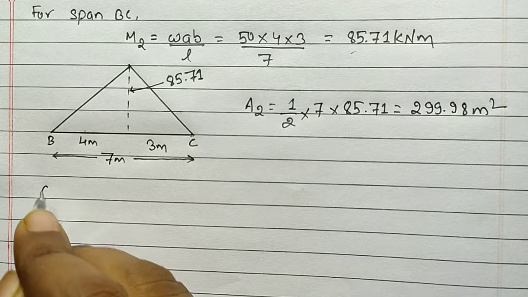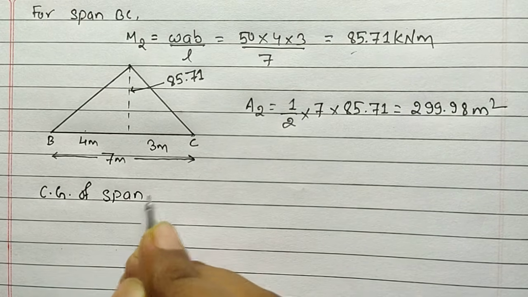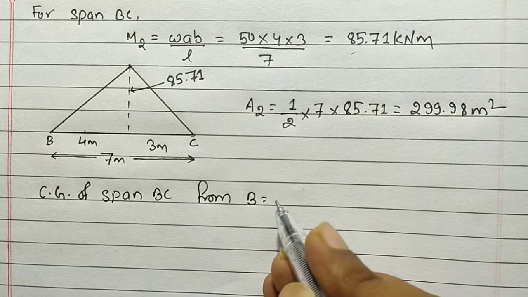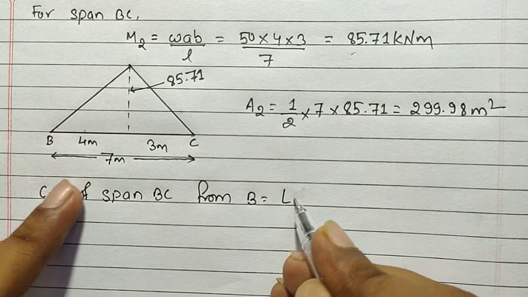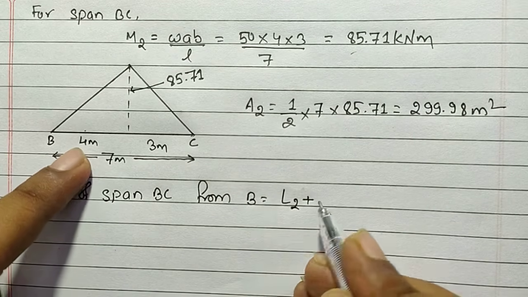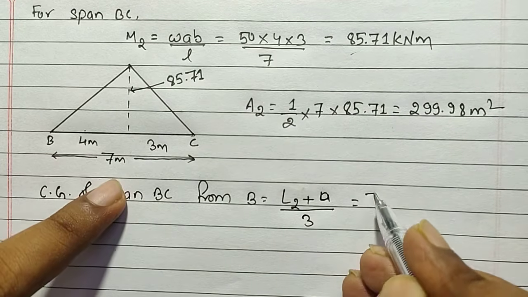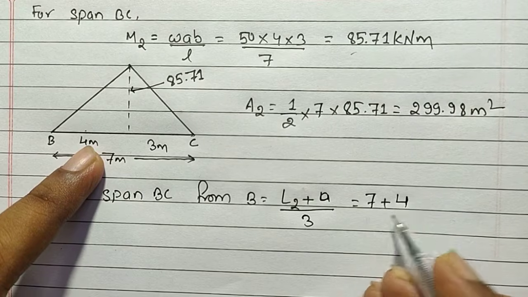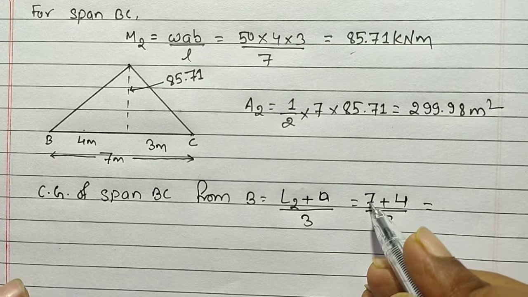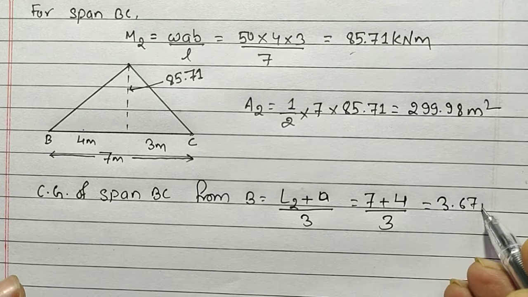Now let us take CG from B and CG from C of span BC. So CG of span BC from B, again the step will be the same. Here the span is L2, so L2 plus a by 3, because we are taking the CG from B, which will be 7 plus 4 by 3, and on doing so we will get 3.67 meter.